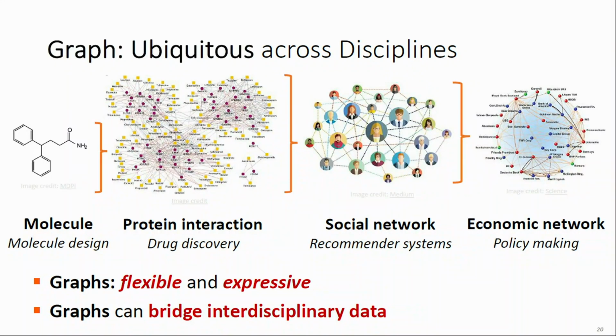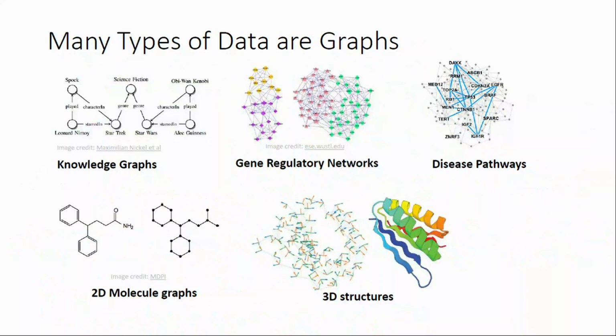So we can basically use graphs to represent most of the data possible in the world. And the fact that you can do it at different scales makes the problem more interesting, such that you could actually connect data at different modalities and different scales by utilizing graphs.